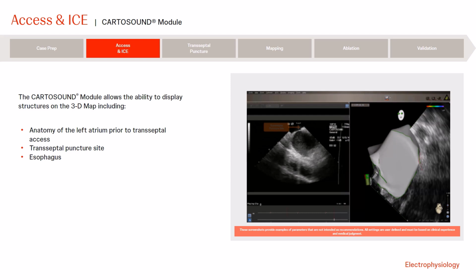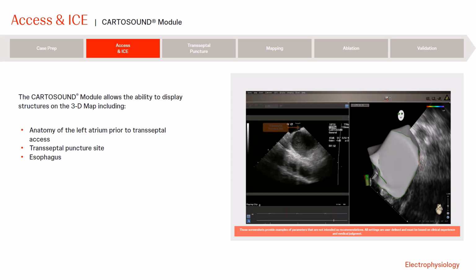The CartoSound module integrates real-time intracardiac echocardiography images captured with the SoundStar ultrasound catheter and a compatible ultrasound system, accurately displaying them three-dimensionally on the Carto3 system. Using this technology, 3D mapping can display anatomy of the left atrium, transeptal puncture site, and orientation of the esophagus. Watch this video to see a few of these structures now.